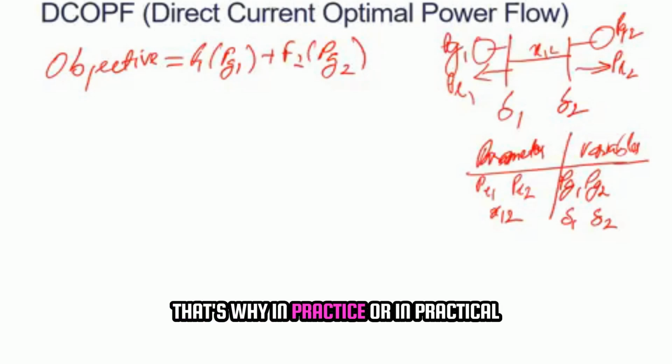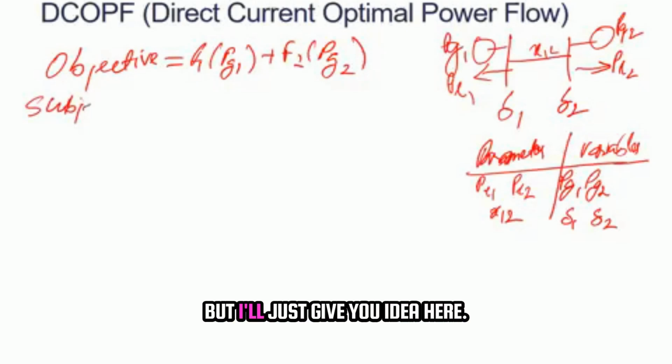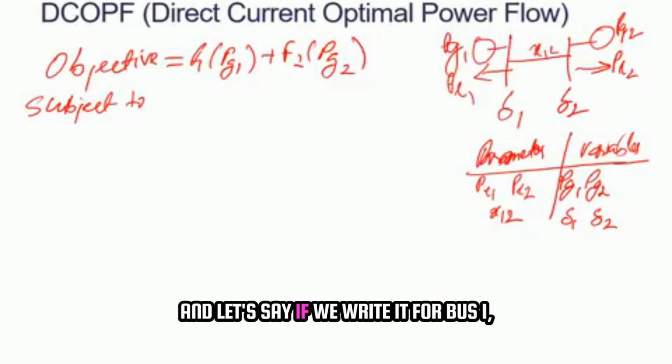That's why in practical systems we run DCOPF and not ACOPF, but for power flow we run AC power flow. That will be a different topic, but I'll just give you an idea here.